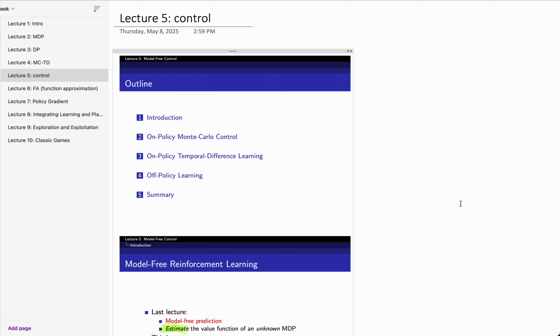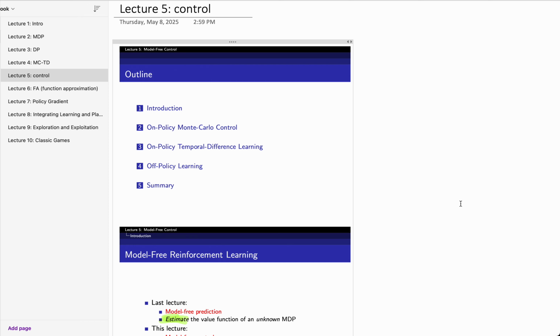And then lecture 5 talks about control using Monte Carlo and temporal difference.